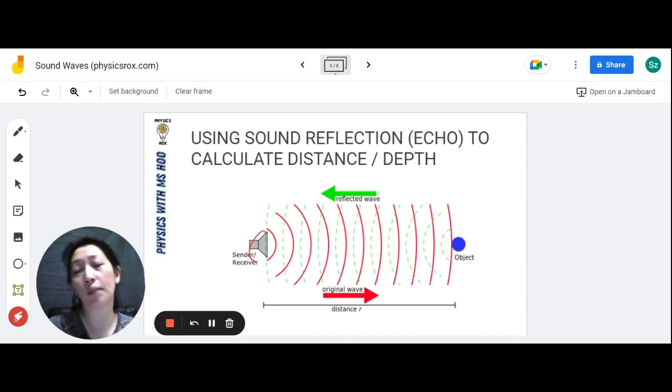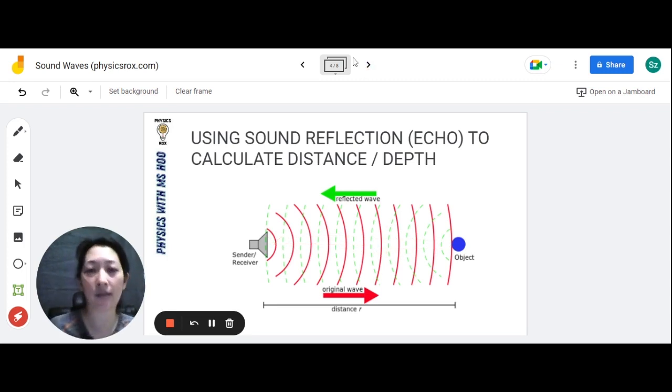The receiver needs to pick up the sound wave. So this machine needs to have both the transmitter and the receiver. When the transmitter sends out the sound, it will travel. When it hits the object, it will reflect off the object as an echo and travel back to the receiver. So it does take time for the sound to travel there and back.